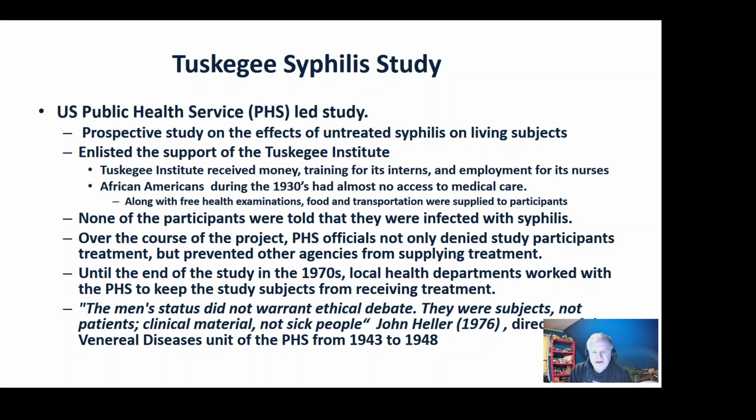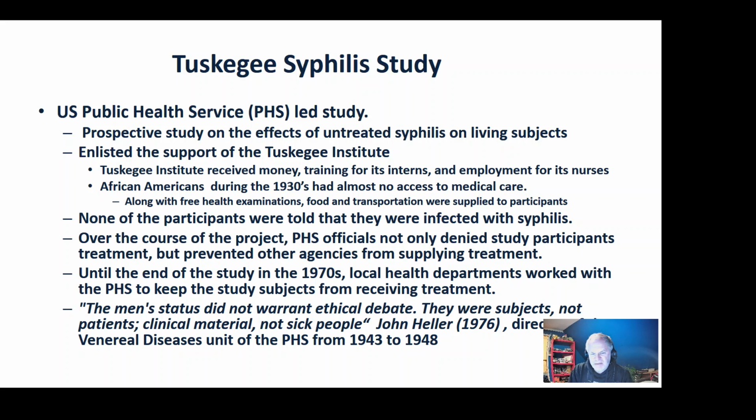It was a prospective study, and the purpose of the study was to investigate the effects of untreated syphilis on living subjects. They targeted Tuskegee in Alabama, which is a poor area of the States where the individuals who were black did not have access to adequate health care, dental care.